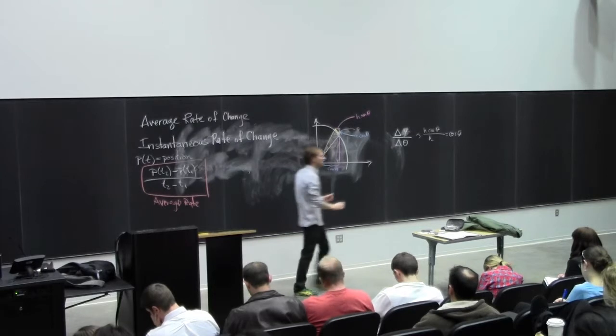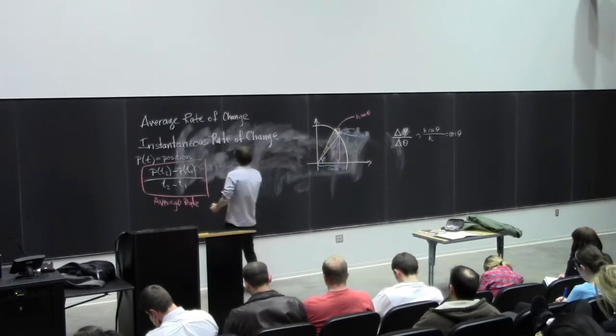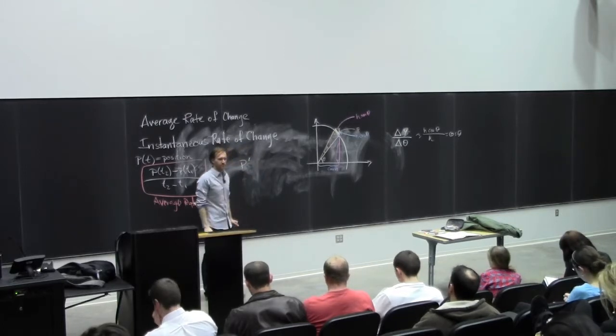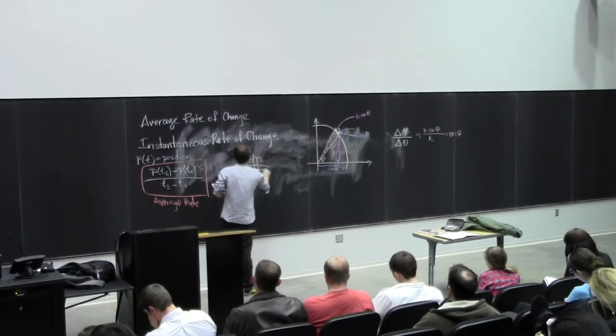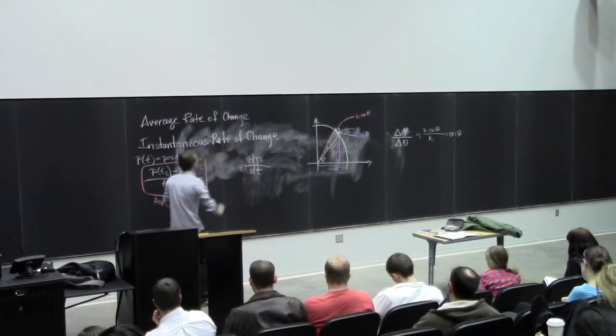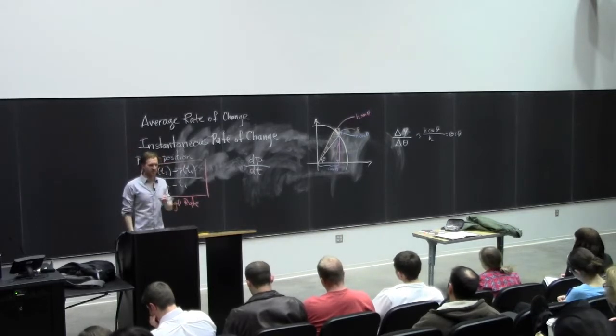On the other hand, instantaneous rate, we compute that by looking at the derivative. And I'm going to write it this way. I'm sorry, the P prime is great. It's just fantastic. If you write that down, that's fantastic. I wrote it as dP/dt. Why? Well, I thought the prime was going to be too hard for people to see to start with.